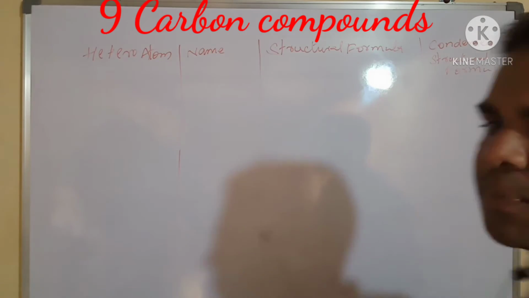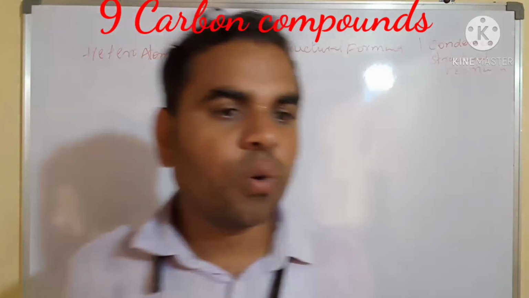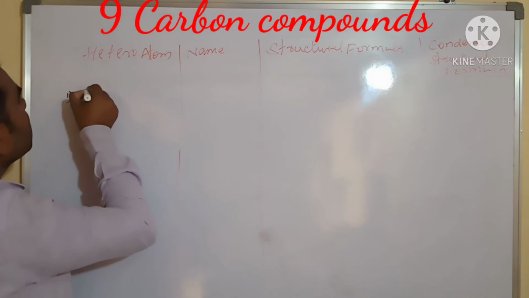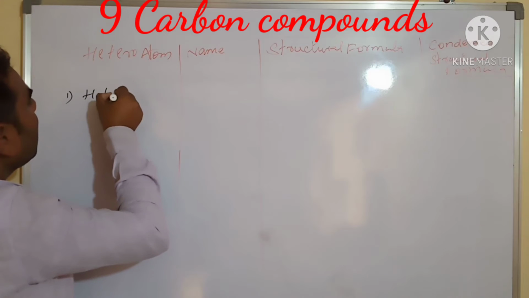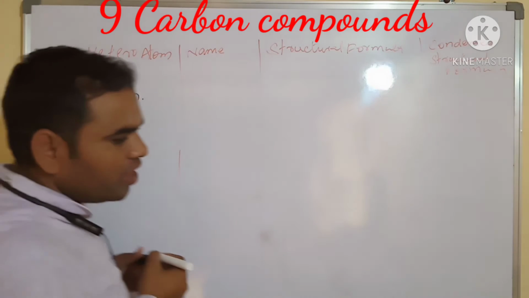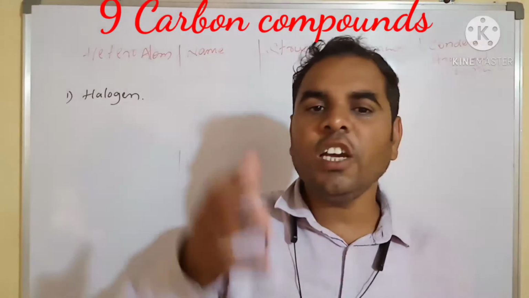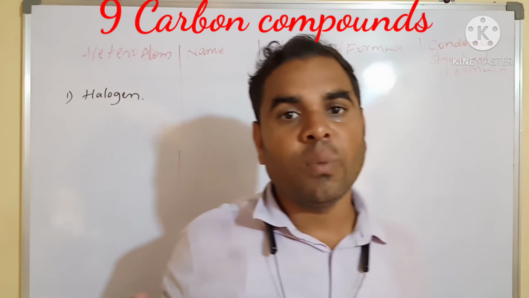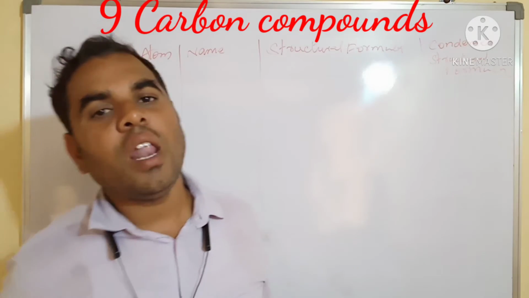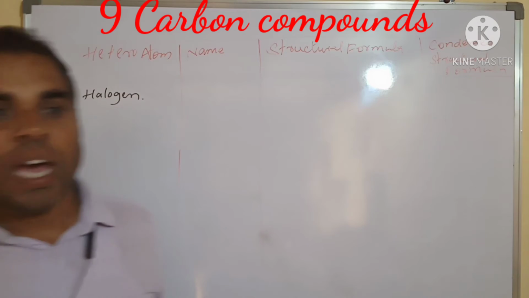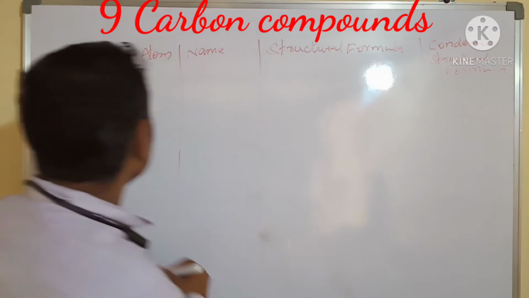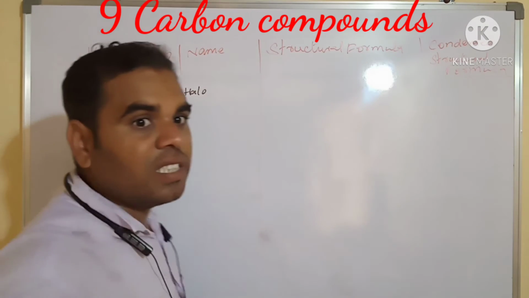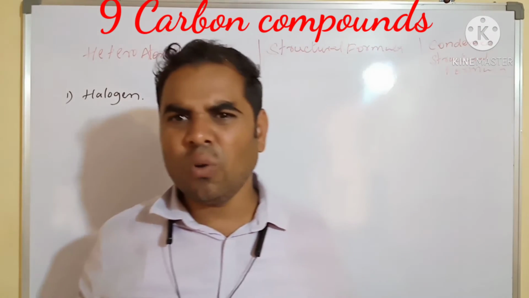Here we are learning the functional groups. First one is halogen. What is halogen? We already learned the halogens. The seventh A group elements we call halogens: fluorine, chlorine, bromine, iodine. These all are halogens. In names, halo means fluoro, chloro, bromo, iodo.